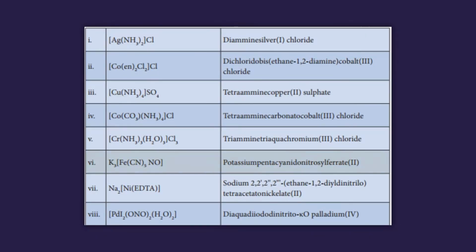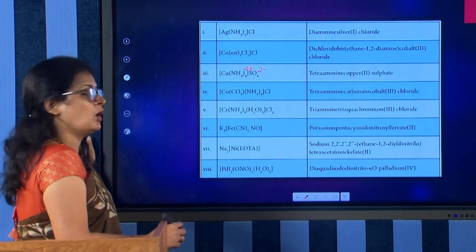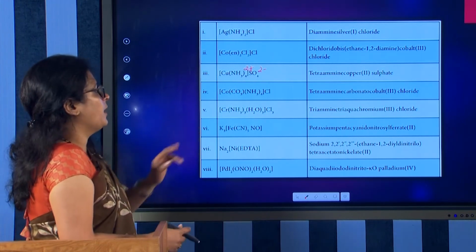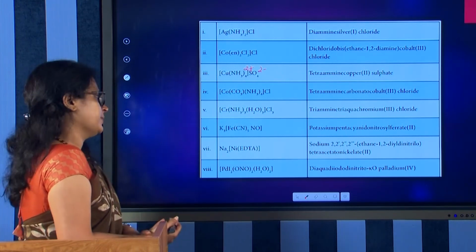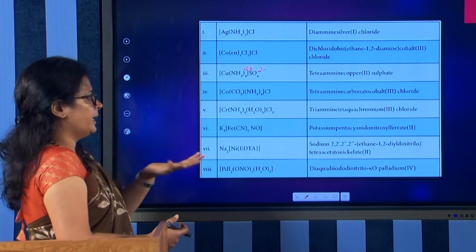And sixth example, K3[Fe(CN)5NO]. Here the case is different, that is you have the cationic part outside and the anionic part is the complex ion part. So, first we have to name the cationic, that is potassium, followed by the anionic part.